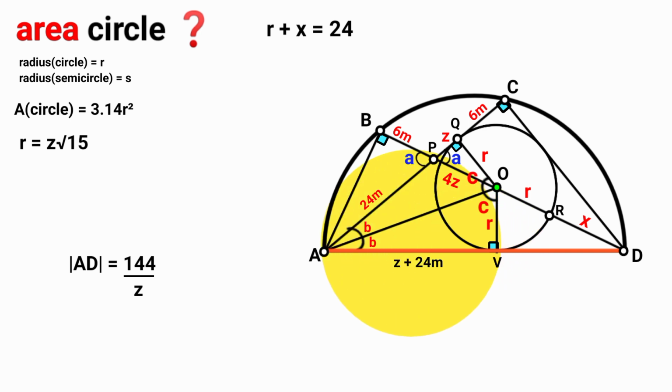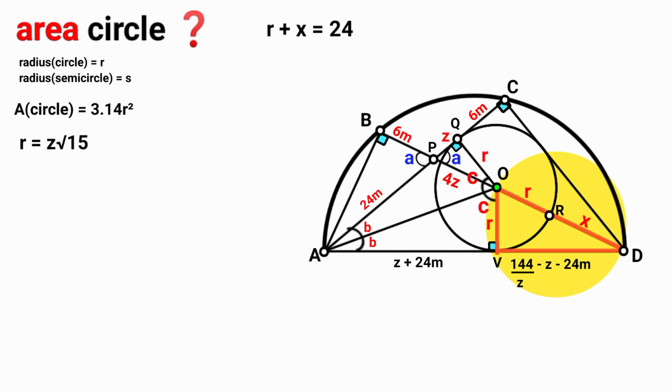But you have this segment to be z plus 24. Therefore, this will be 144 over z minus into bracket z plus 24. Minus into bracket z plus 24 is minus z minus 24. So it is 144 over z minus 24. Now look at this triangle.